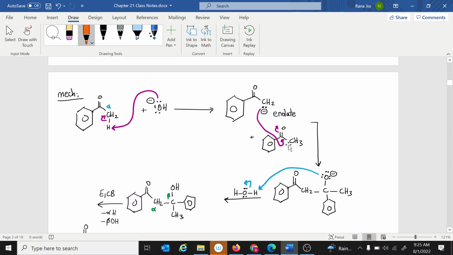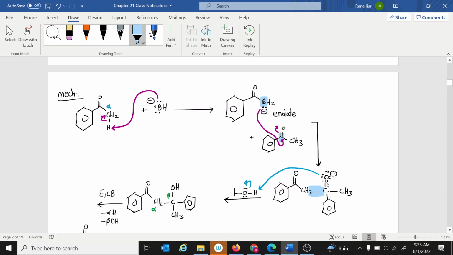Once you do this, just make sure to count the carbons, because the carbons are always going to be double. So here I made a bond between this carbon and this carbonyl over there. This is the new bond that I made. The part here comes always from the enolate, and this part over here, which is the O negative, comes from the second attack of the second aldehyde.